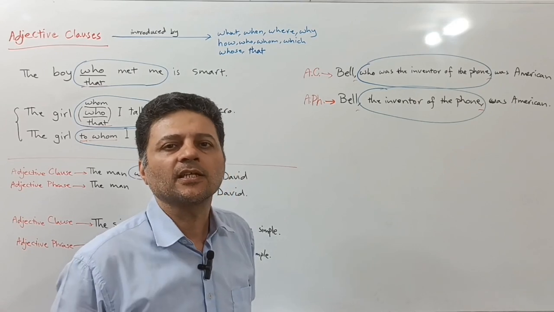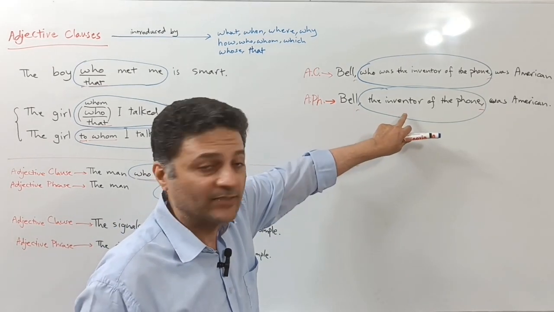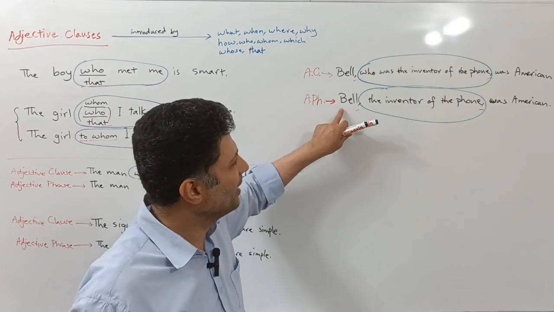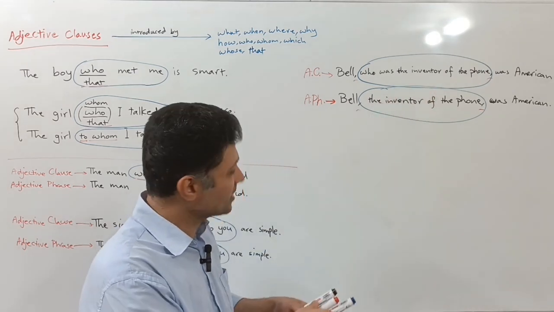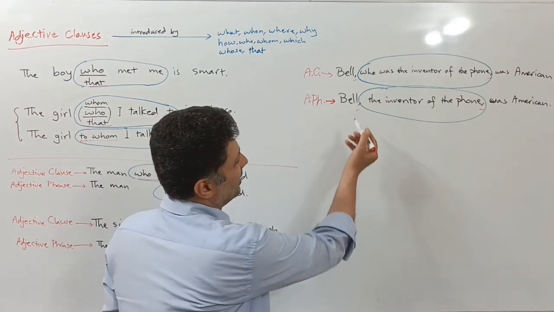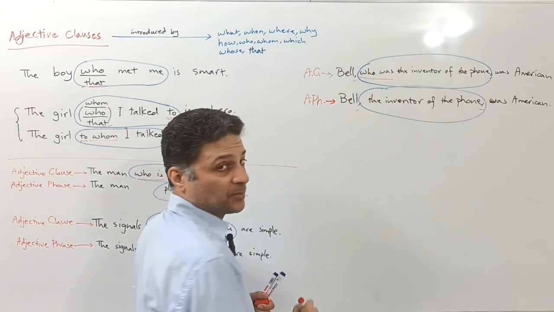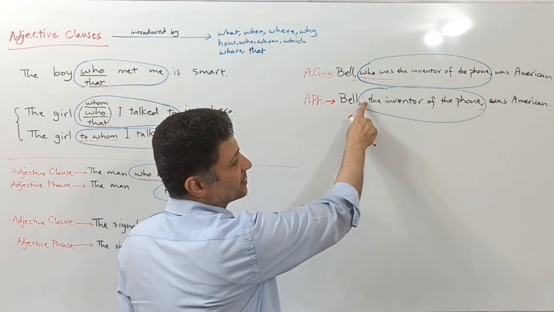The meaning is complete already. All right? And even for this one, the adjective phrase, the same story goes, right? So, Bell, the inventor of the phone, was American. But what was in fact missing in the adjective clause is 'who was'. We omit this part, okay? So we come up with the adjective phrase, all right?